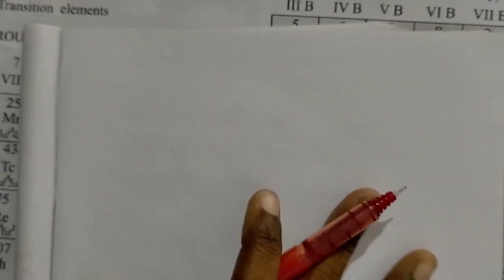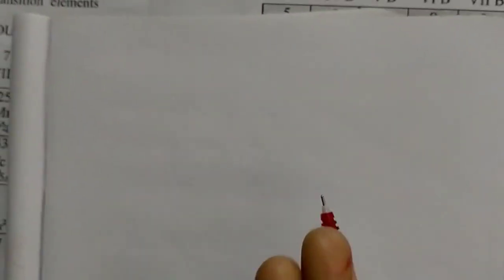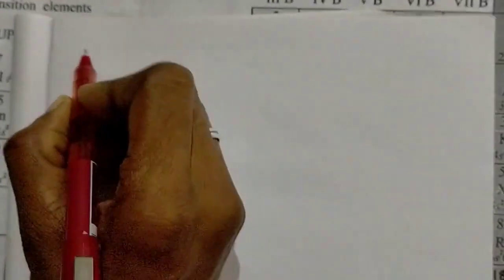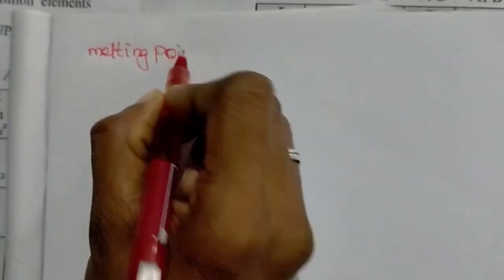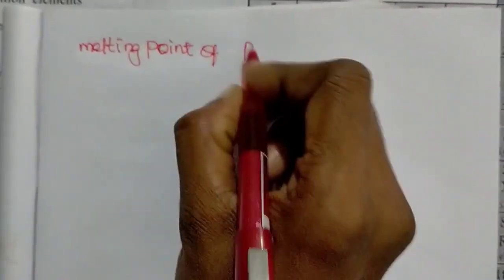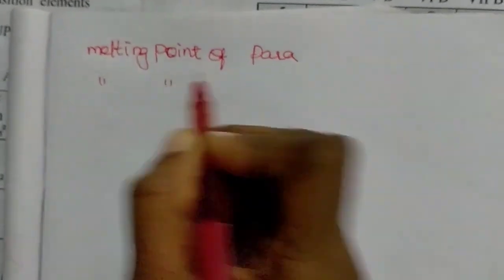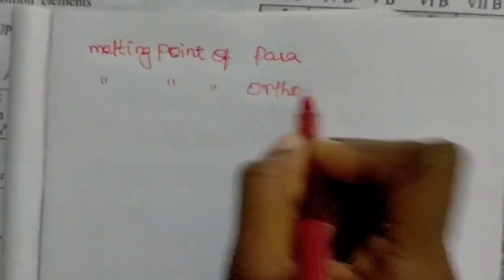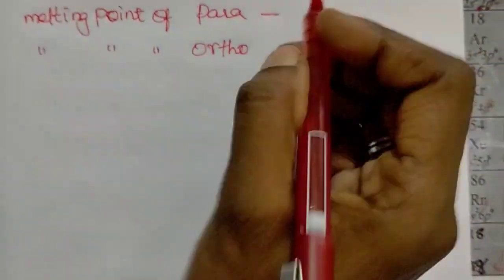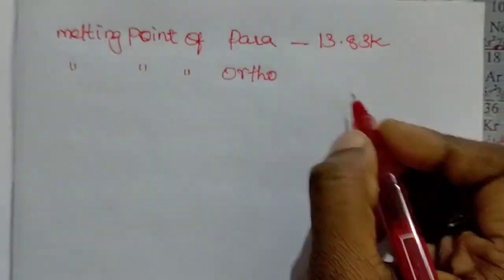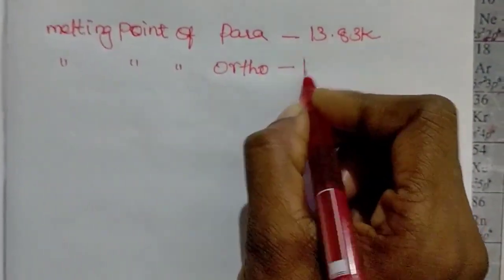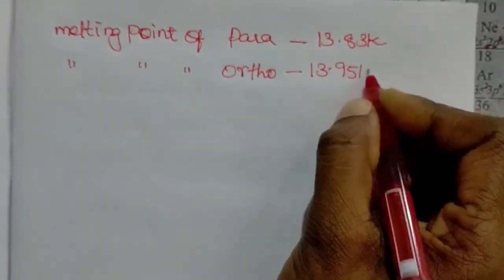Generally, ortho and para hydrogen are similar in chemical properties. In the chemical properties both are similar, but in some physical properties they are different. For example, the melting point of para hydrogen is 13.83 Kelvin and of ortho hydrogen it is 13.95 Kelvin.